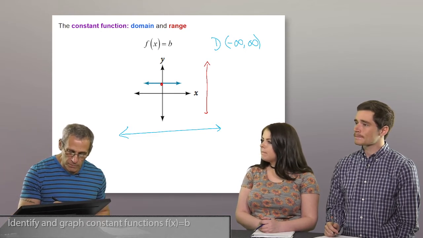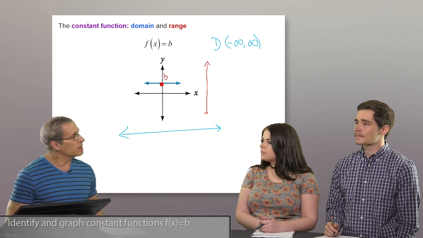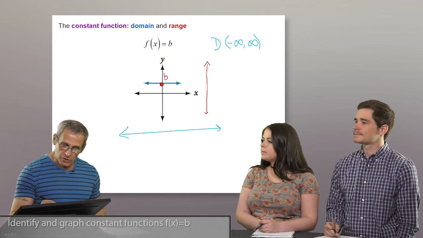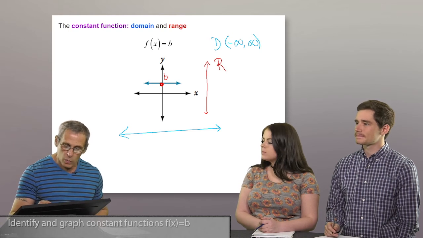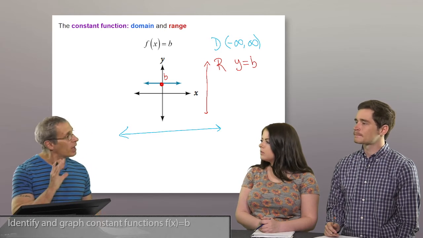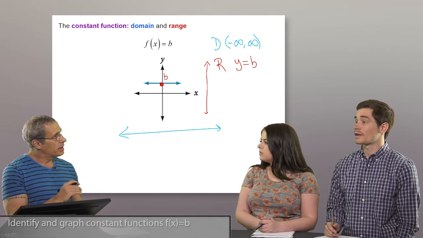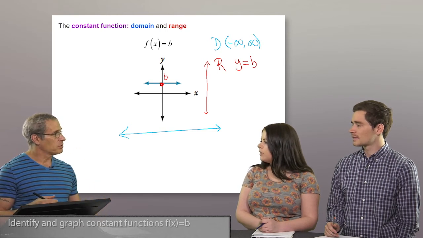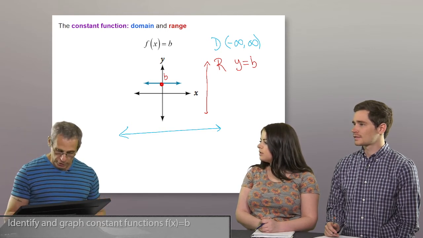They're 3, or in this case, b, because we were thinking about that previous function, weren't we, when we said 3? Oh, right. So in this case, the range would be y is equal to what? y would equal b, and b represents any real number. Very, very good.